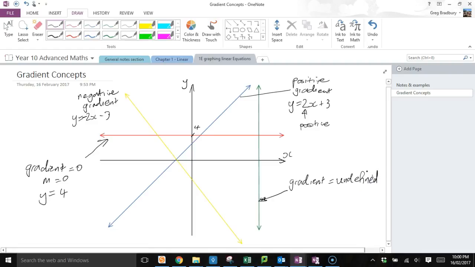Now, just by way of explaining that, if we were to calculate the gradient of this, say for example, we took 2 points, one here, say it goes through here, x equals 6.